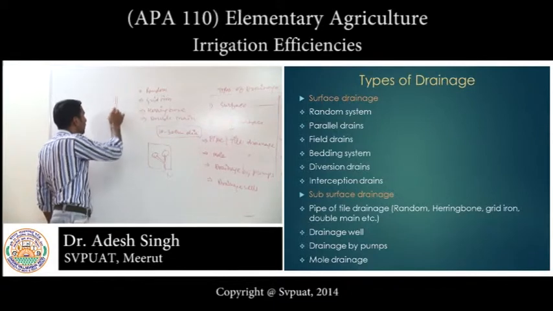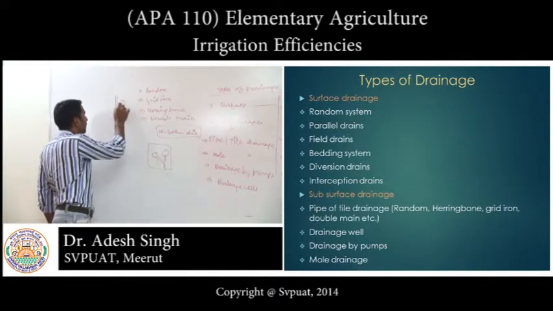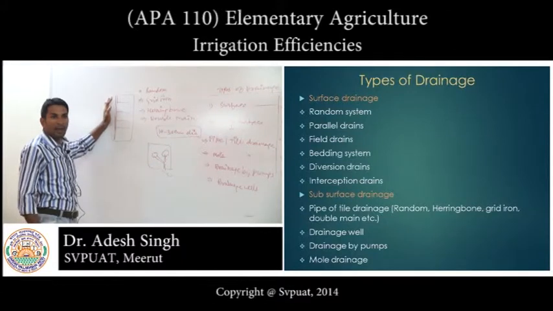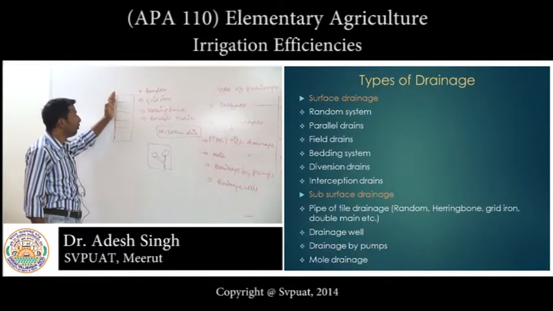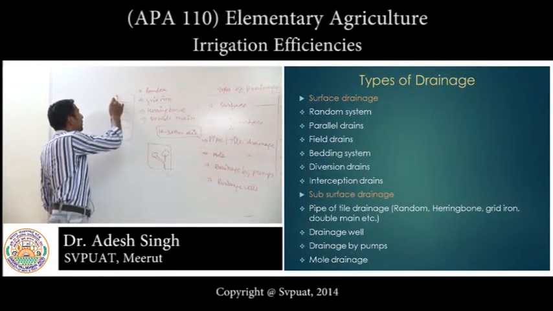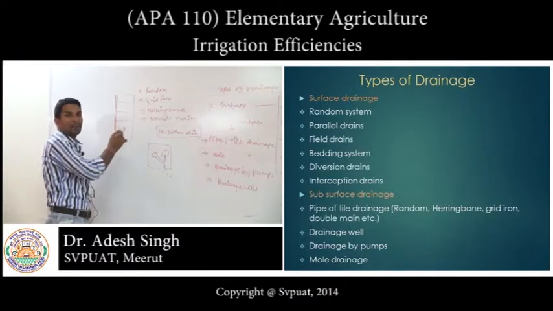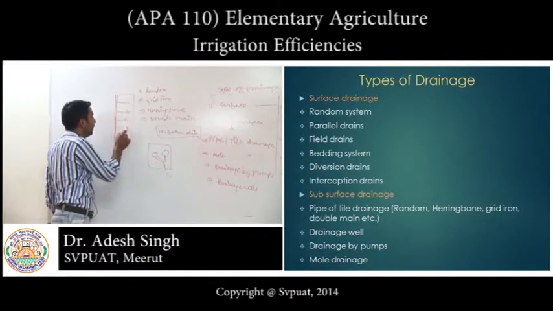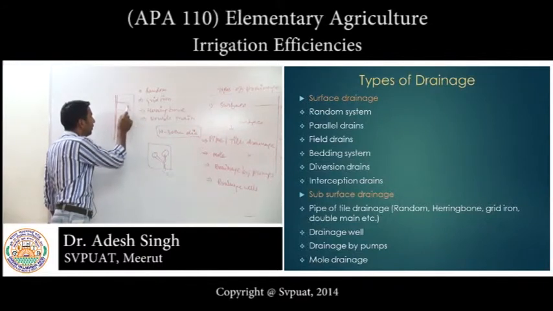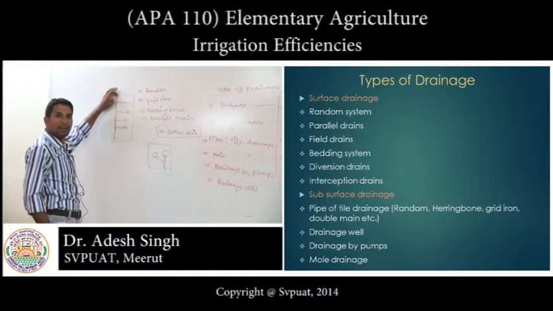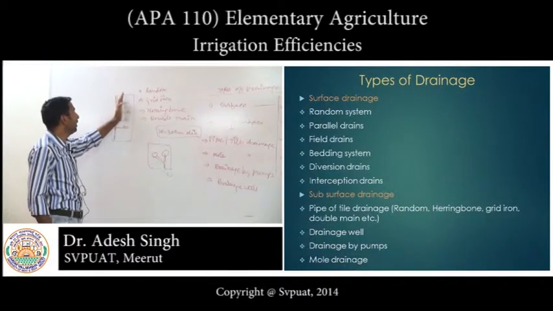In case of gridiron, at one end of the field the main pipeline is constructed, and after that the water is drained with these pipelines or tile lines, or you can say this is the main drainage channel and water is collected from only one side.